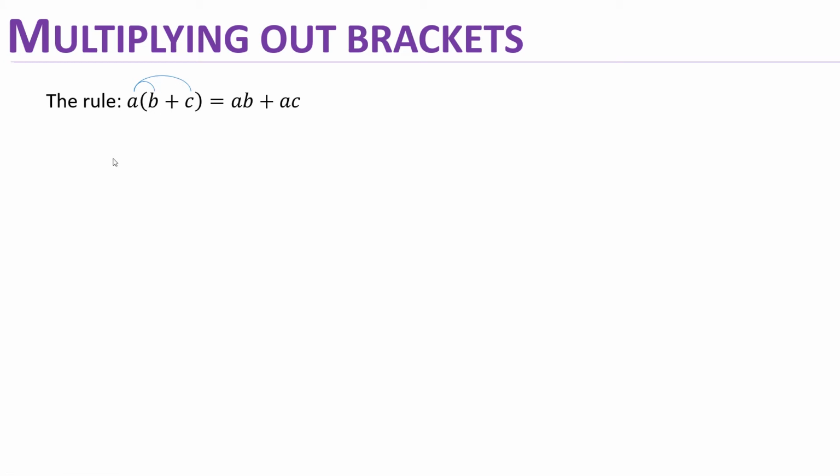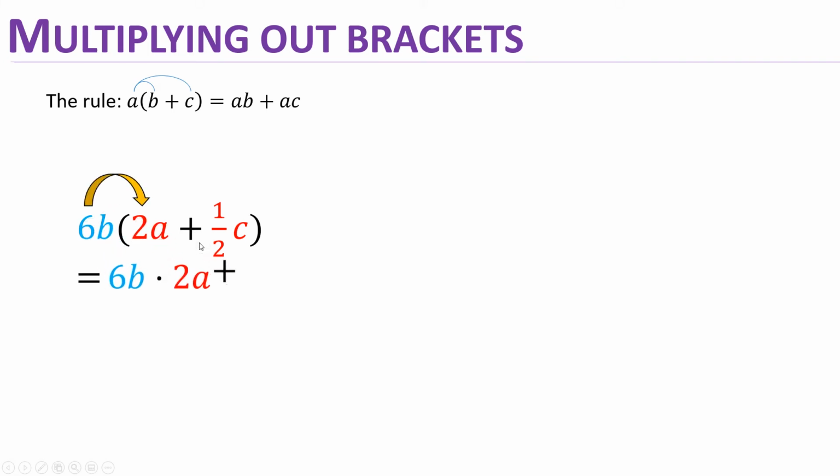We can make the factors and terms as complicated as we like, and the technique stays the same. If we want to simplify this formula, we multiply 6b by 2a, and then we add the product of 6b and 1/2 c. 6b times 2a is 12ab, and 6b times 1/2 c is 3bc.